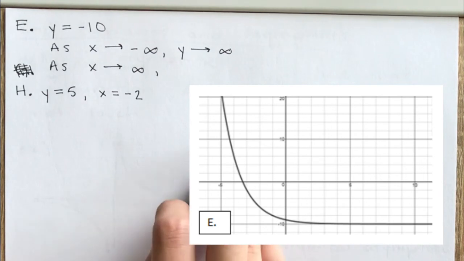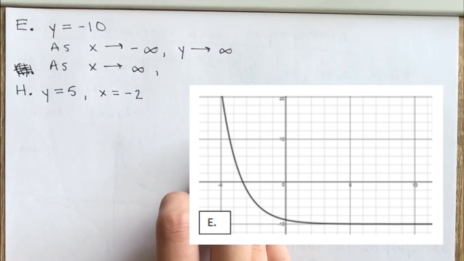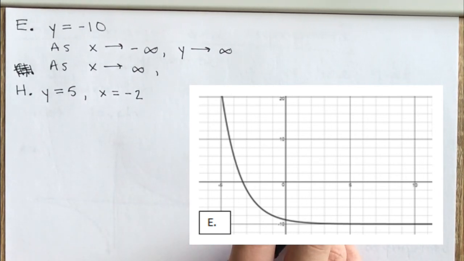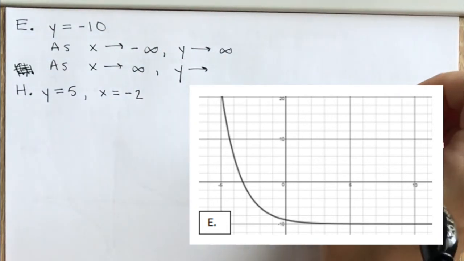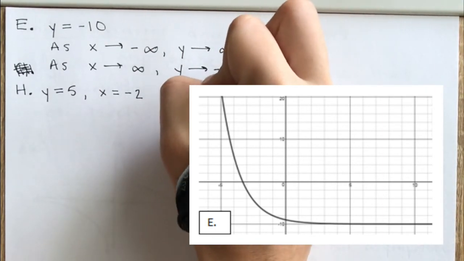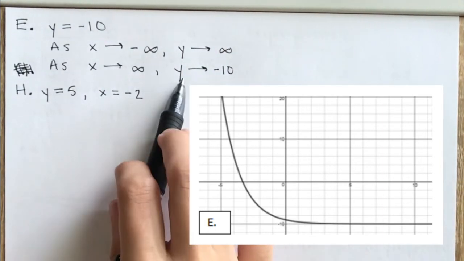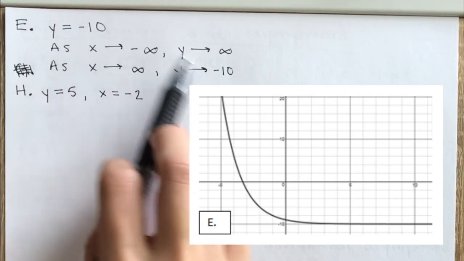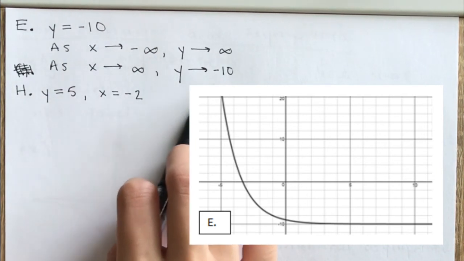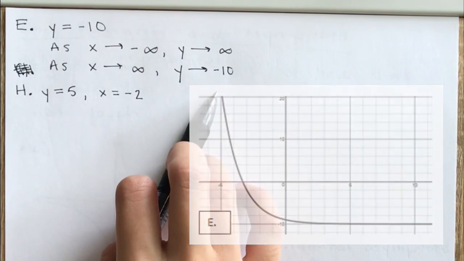And from last time when we were talking about our horizontal asymptote, where did we say we were leveling off? -10. So we can kind of see how asymptotes, particularly horizontal asymptotes, and end behavior are related.